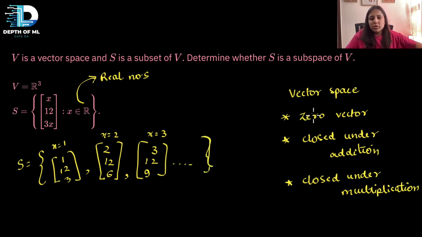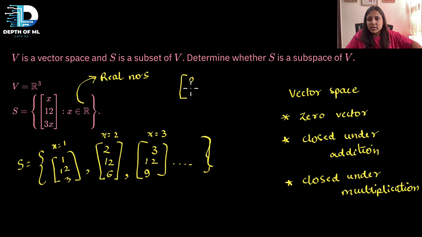The first thing that I will usually check is whether the 0 vector is present in this set or not. Because if the 0 vector is not present, then we know that this particular set cannot become a subspace. So tell me whether this set will ever contain a 0 vector. The 0 vector will be taken from R3, and the R3 0 vector is 0, 0, 0.